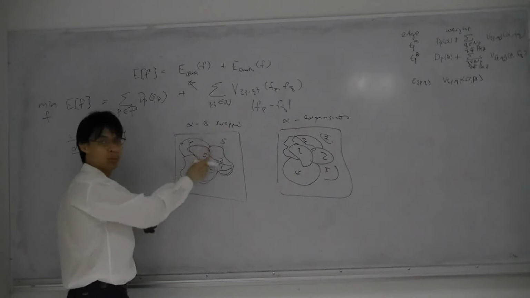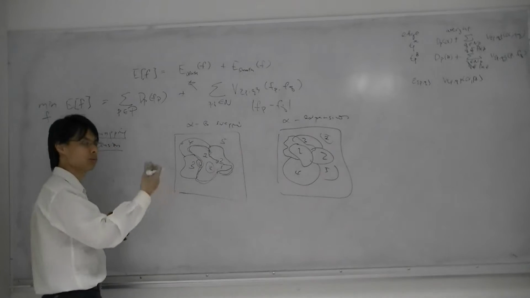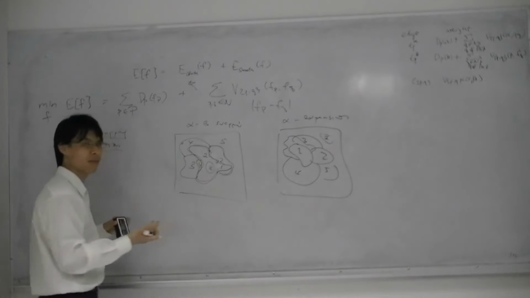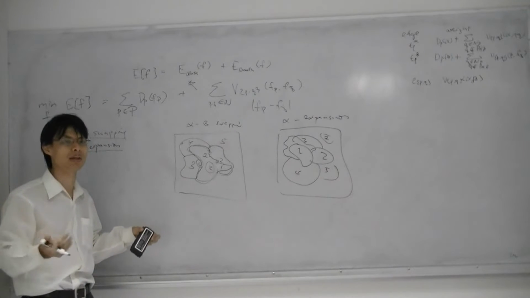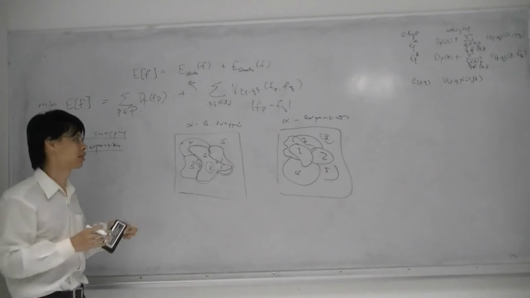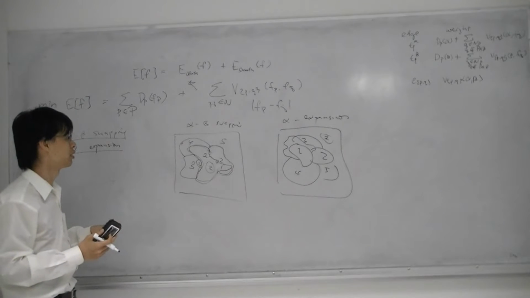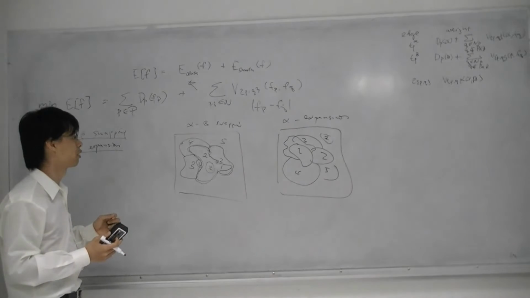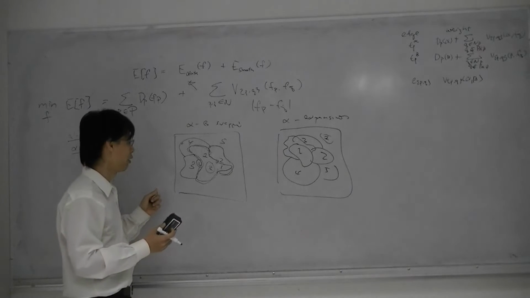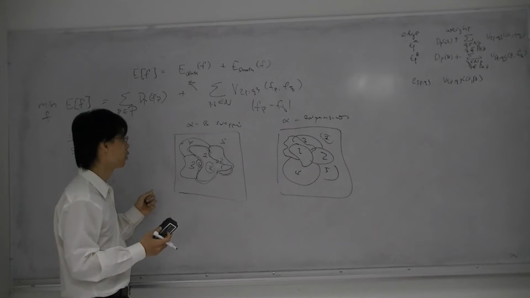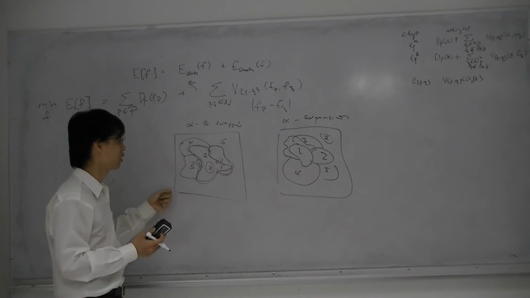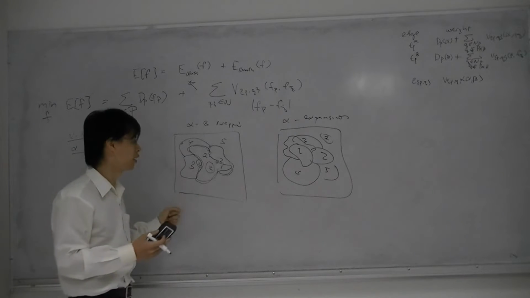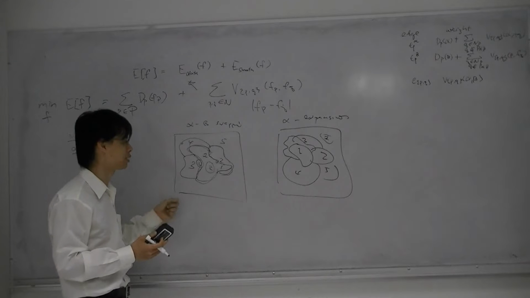Then 2 to 3, 2 to 1, and so on. If it cannot improve after all this combination of swapping, then it just stops. So that's the method. What they propose is really the graph cut algorithms to solve this intermediate step, these sub-steps here.